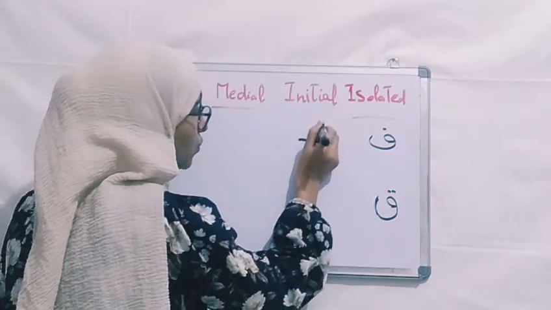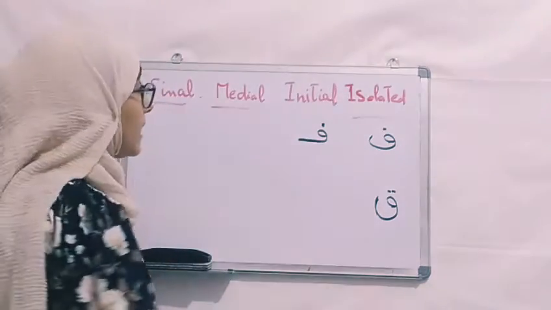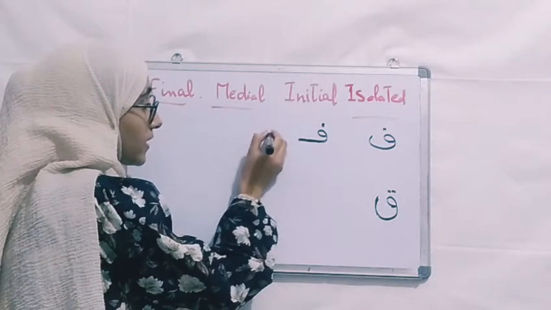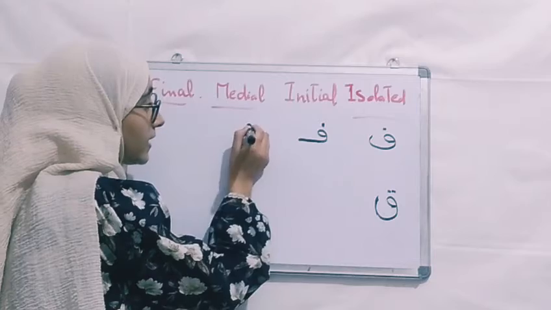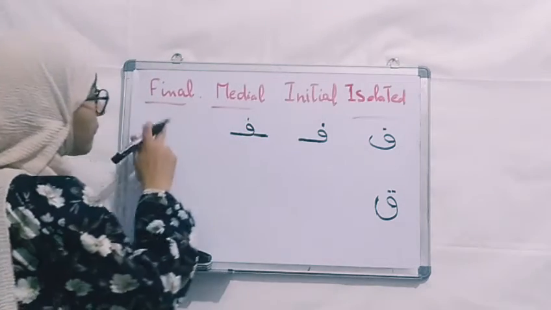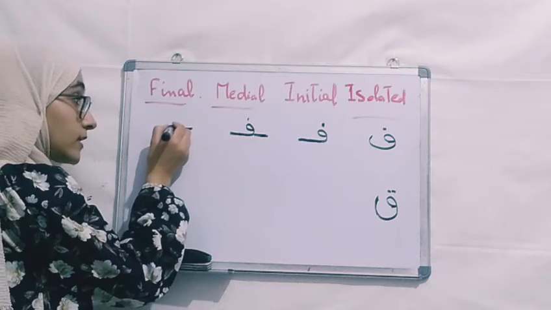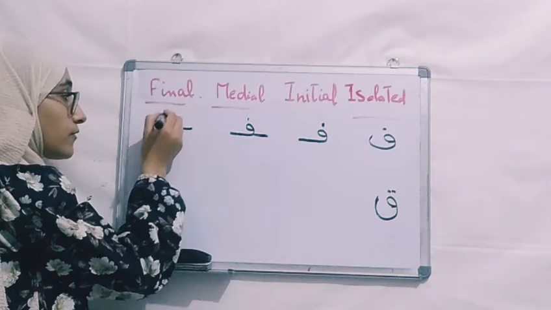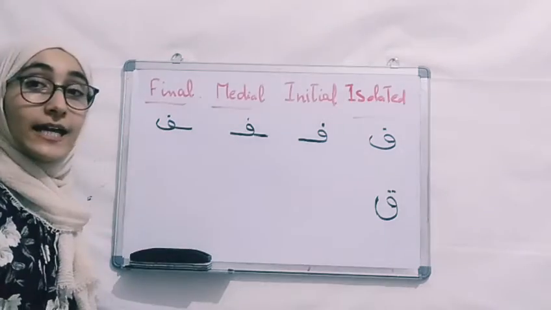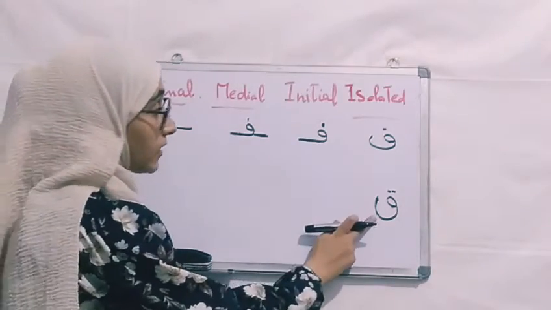And then you have to put one dot on top of it. And the middle form, you keep the connecting line, then you write fa, then you keep this straight. And in the final form, you keep the connecting line, then you write fa, you curve it as isolated form.